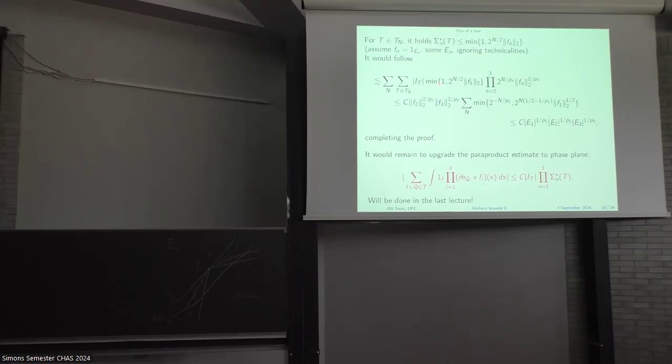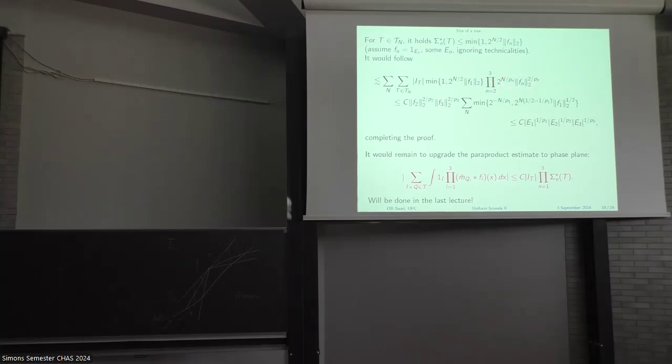Okay, so now if we have this phase space paraproduct from the previous slide, we can just insert it into this tree formula. And for two of the functions, we will use the bound of the size that we get from the tree selection. So we get a bound, and then we will use the properties of the sizes in this and the paraproduct estimate to see this 2 to n over p_n here.